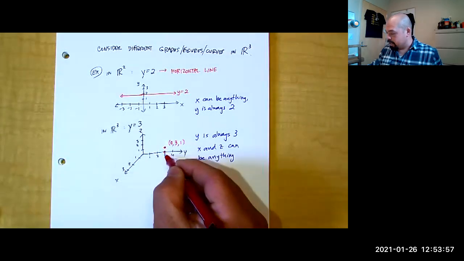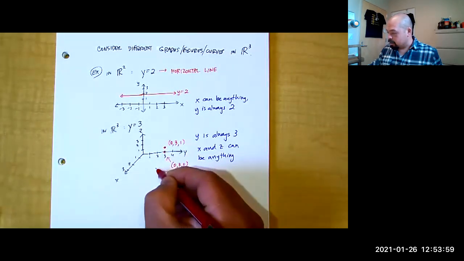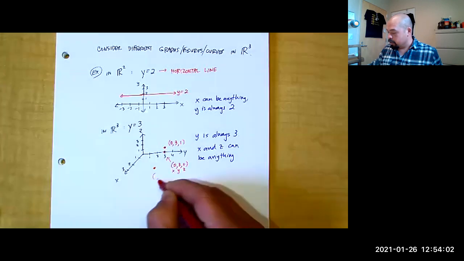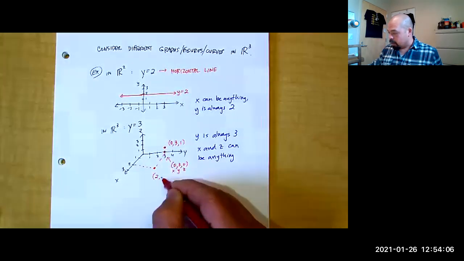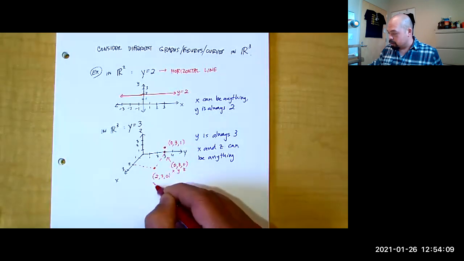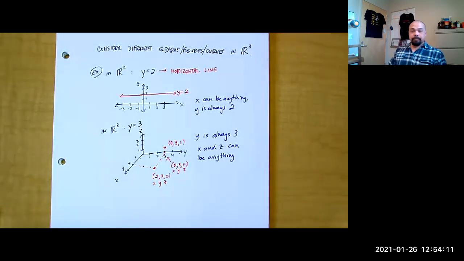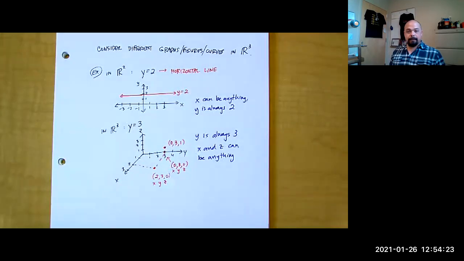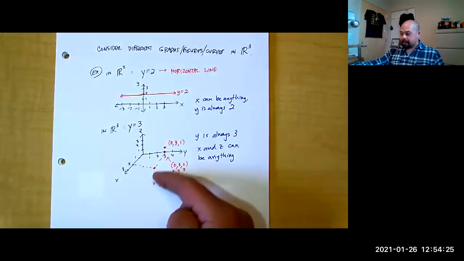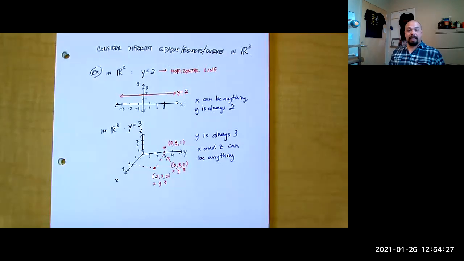Or maybe I'll let z stay 0, and I'll come out to this point. Here x is 2 now, y is 3, but z is 0. And I don't want to get too distracted or muddled up, make my graph too congested. But we can imagine just taking all these points. I'm keeping my y where it is, but x and z, I can go wherever I need to, and it still satisfies, okay?